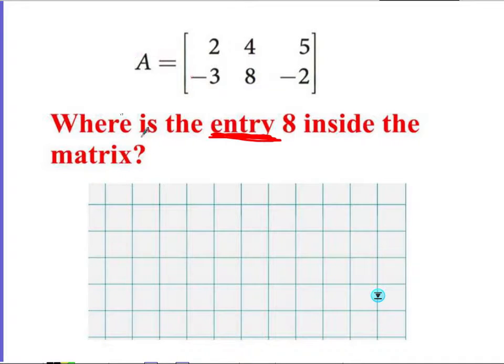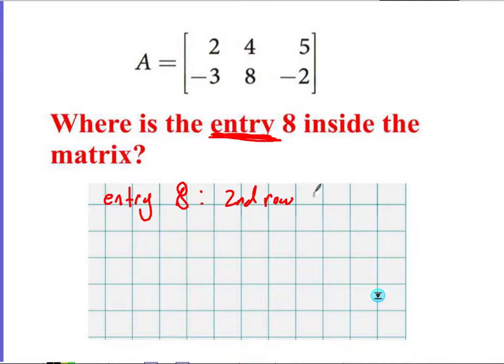Well, let's use rows and columns. So first of all, which row is entry 8? It's going to be in the second row. So entry 8 is in the second row. And what column is it in?